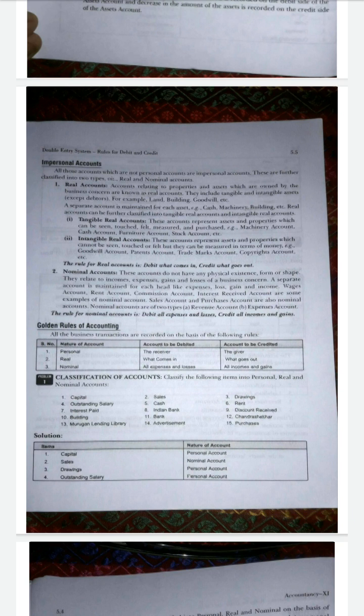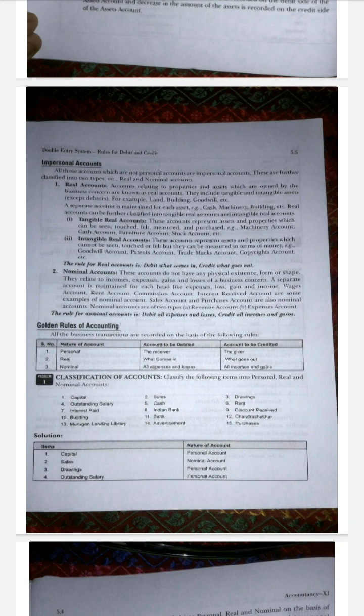Okay, so next rule. For the personal account, the rule is debit the receiver, credit the giver, and the rule for the real account is debit what comes in, credit what goes out. So you have to read and analyze the transaction and find the two types of accounts involved, whether it is a personal account or real account, and in the real account whether it is tangible or intangible.